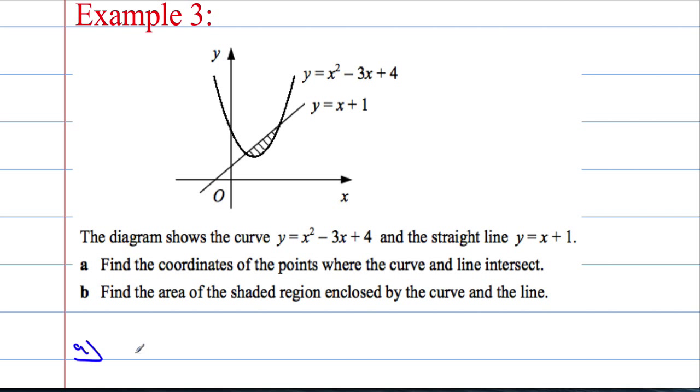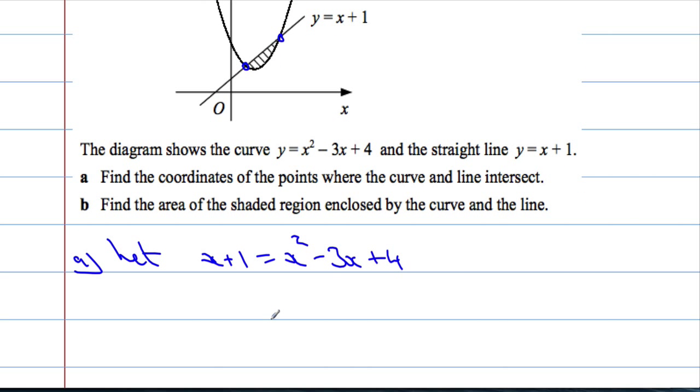So, how would I solve the coordinates of this and this? So, hopefully a little bit of thought. Simultaneous equation should work. So if y equals this and y equals this, I'm going to let the two y values be equal to each other, which implies that x plus 1 must equal x squared minus 3x plus 4.